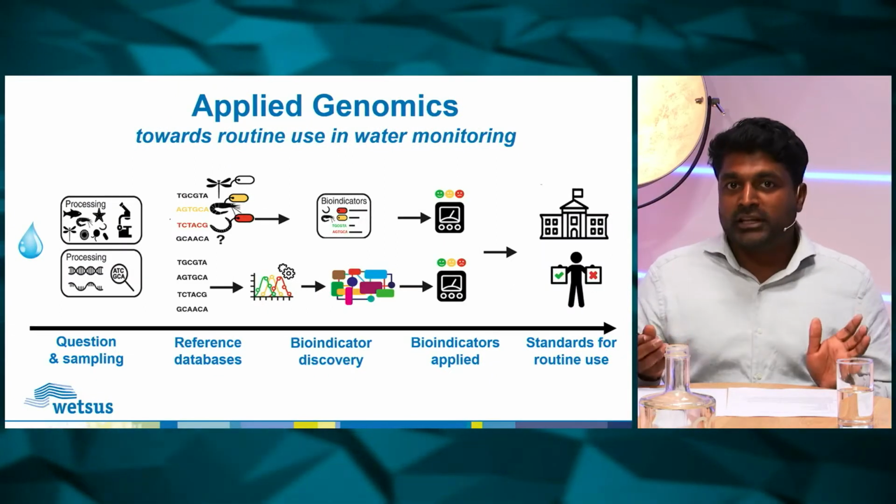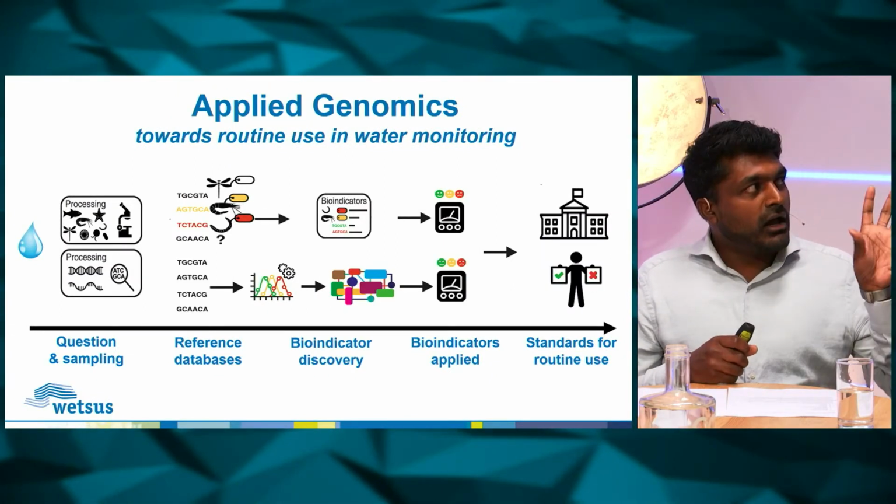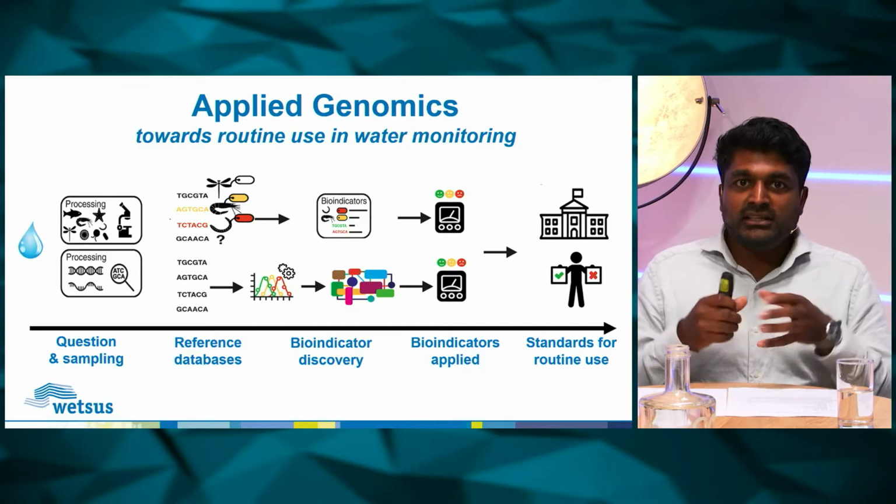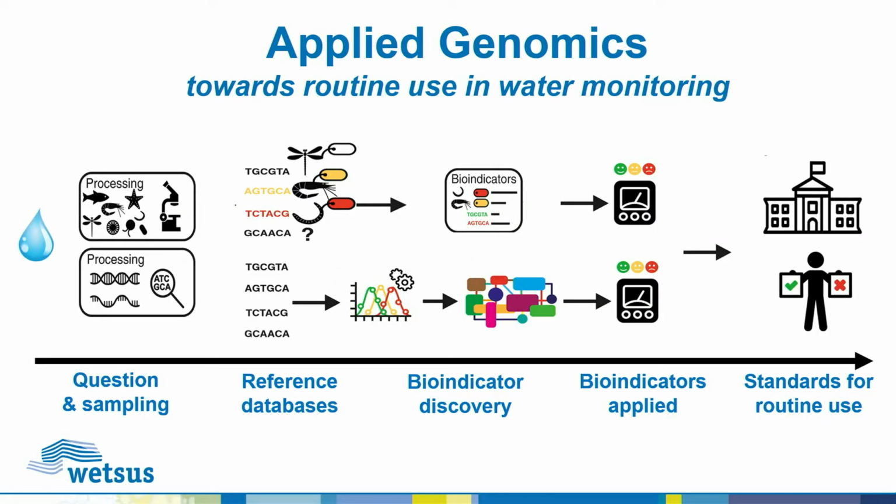In this next slide, I have tried to conceptualize the journey that we're taking today. On the left-hand side, you can see the question that comes up, either in water or other systems, about the biology. And if you try to understand the biology, you can either look at animals or plants that you can see, but there is this whole world of unseen biology that might be important to your system.